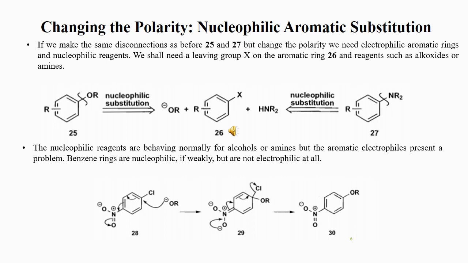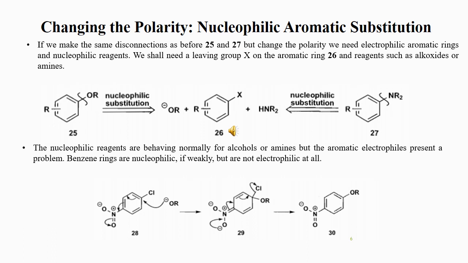So we can say, if we make the same disconnections as before, as we did in electrophilic aromatic substitution, the disconnections are the same in 25 and 27, but with the change of polarity we need electrophilic aromatic rings and nucleophilic reagents. First we were doing aromatic rings with a bit of negative electron density, and we were talking about electrophilic reagents.